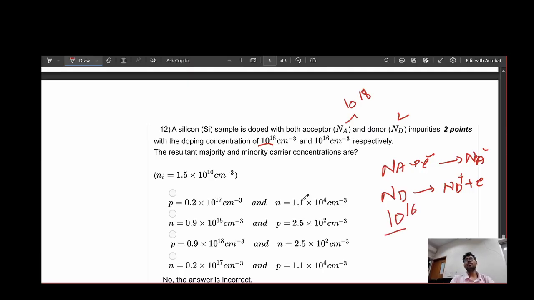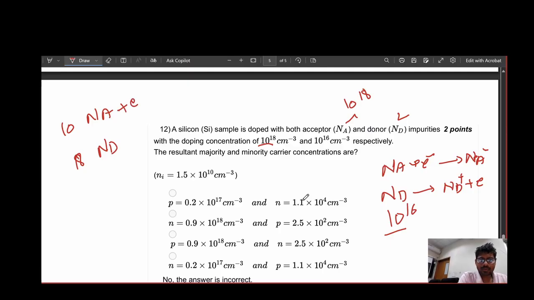Have you heard about compensation, carrier compensation or dopant compensation? In dopant compensation, let us say you have doped a material with 10 acceptor atoms, Na, and 8 donor atoms, Nd.